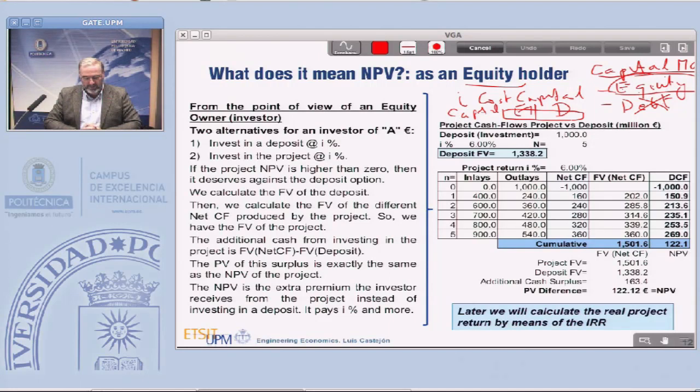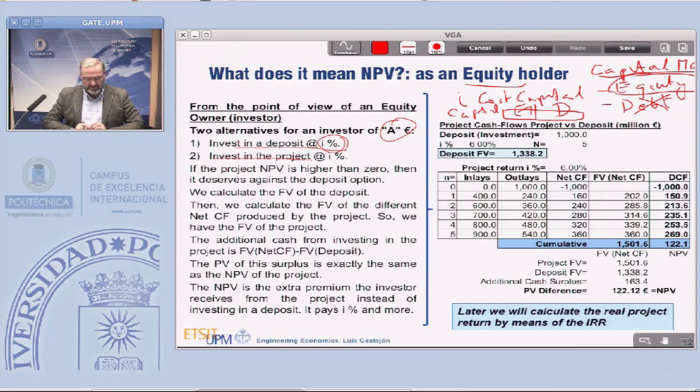We were talking about the alternatives that an investor has, and we are seeing here two alternatives. He or she has 8 euros, and then has two different alternatives to invest. One is to invest in a deposit in a bank at this interest rate, i. And the other is investing in this project, with these cash flows.